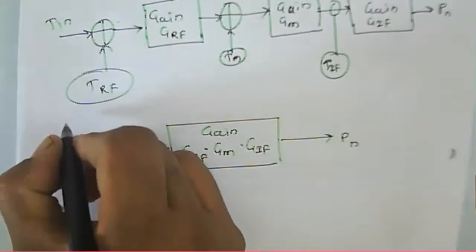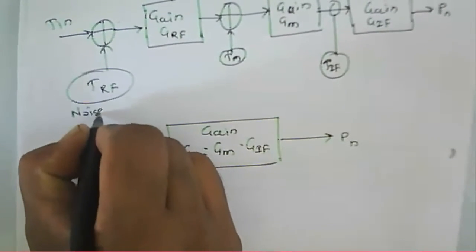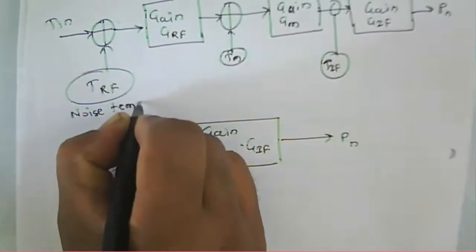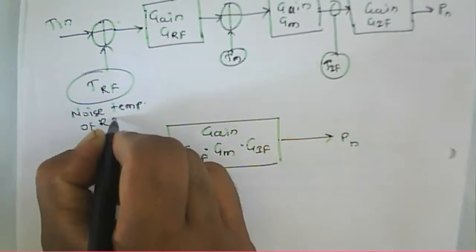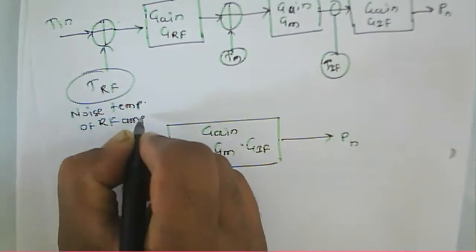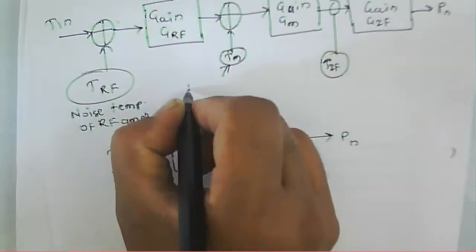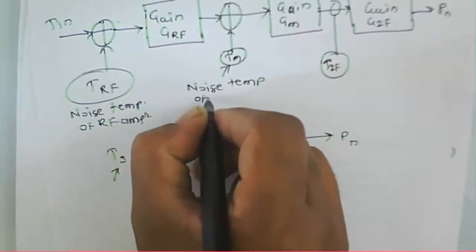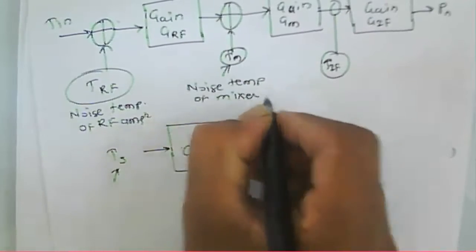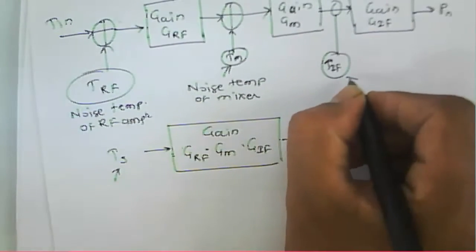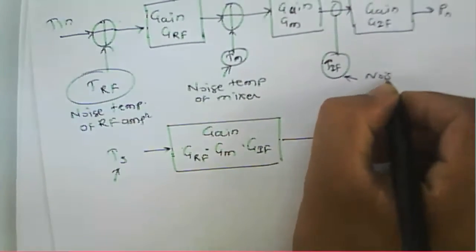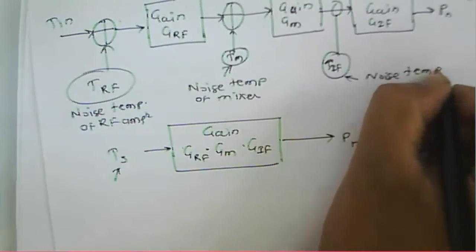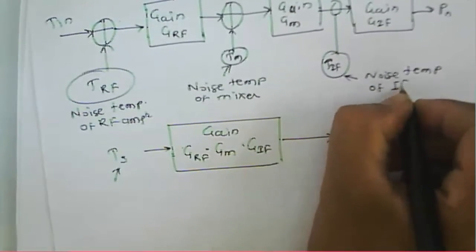This one is TRF, the noise temperature of the RF amplifier. This one is the noise temperature of the mixer. This one is the noise temperature of the IF.